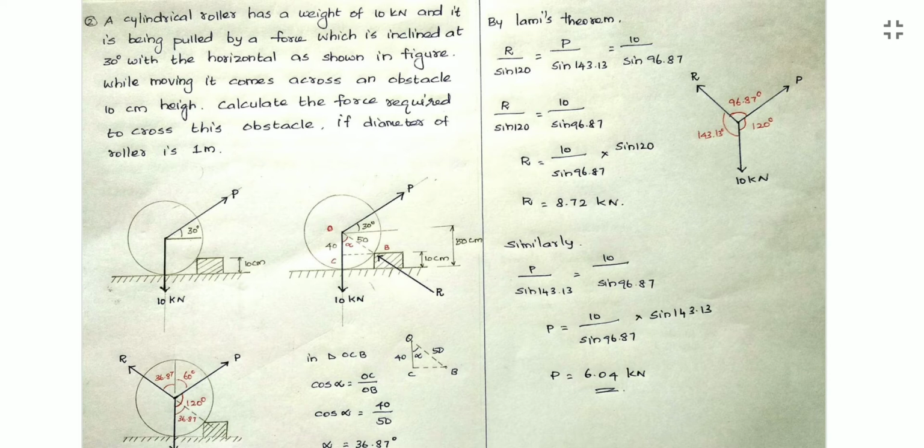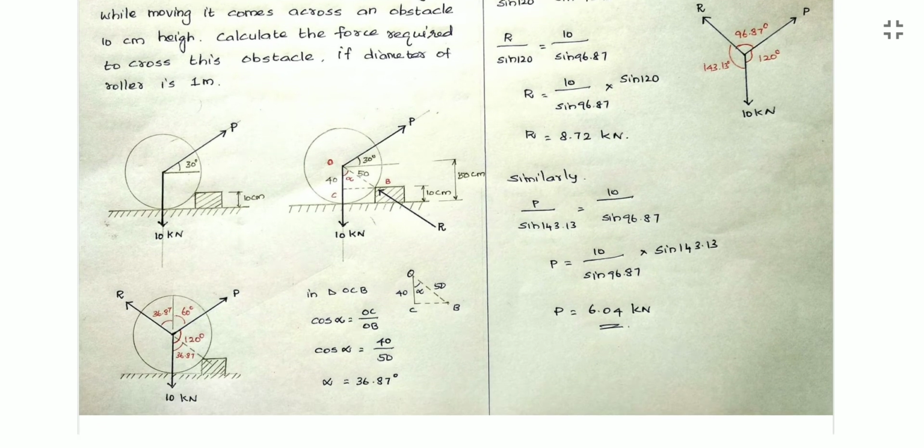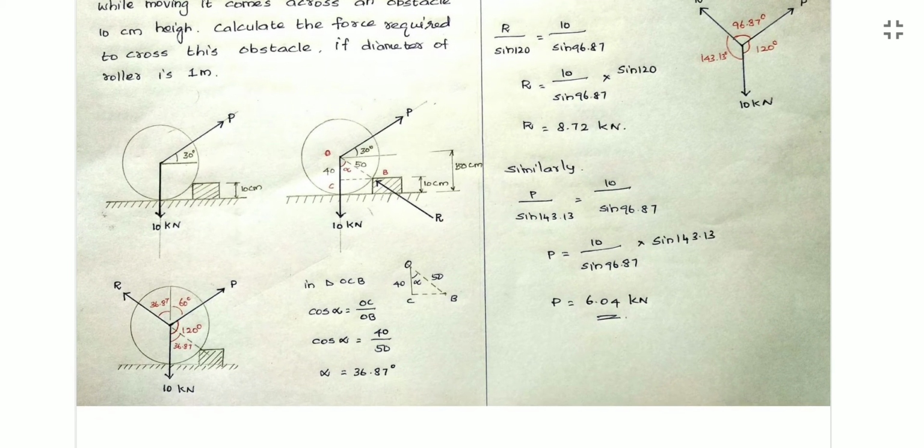So this problem also we can solve by using Lami's theorem. We can apply it with the force P, then the reaction R drawn away from the point, then the downward force of 10 kilonewtons. Three forces. If we find the angles between them, we can find the unknown by using Lami's theorem.